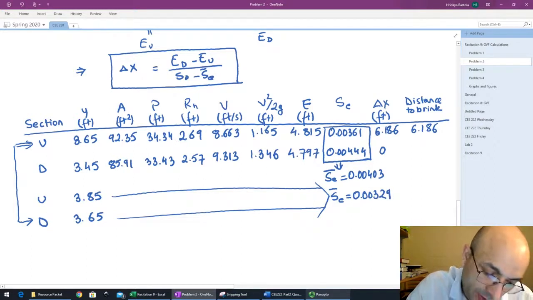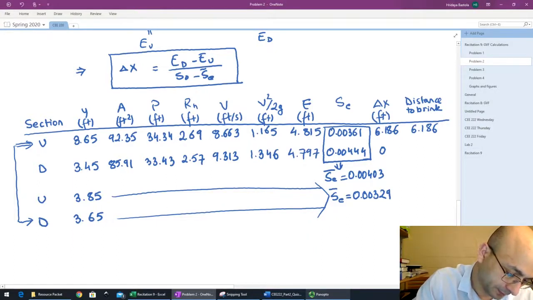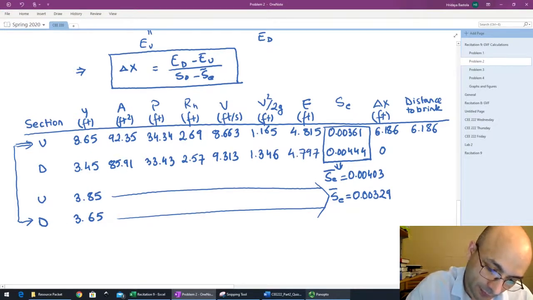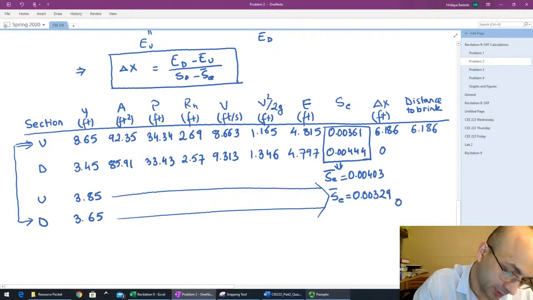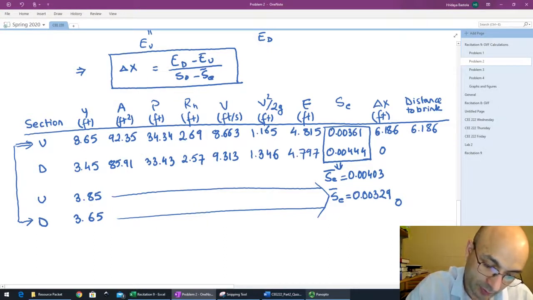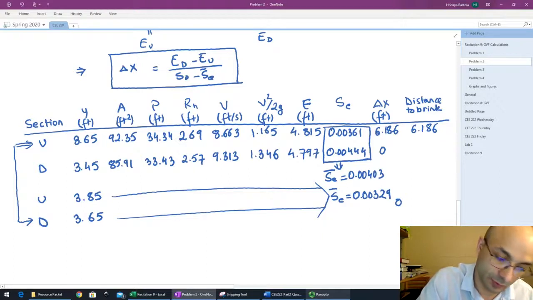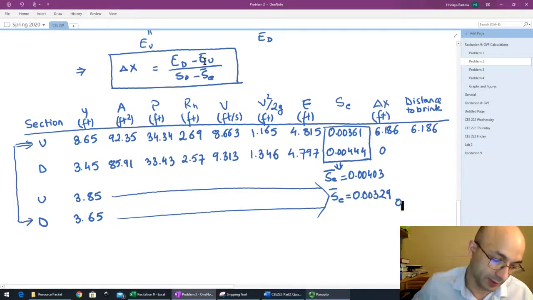And from that we can calculate delta X. So from the downstream location to itself is 0, but the upstream section is going to be equal to this SE average value. Actually, yeah, we just go back to using this equation here and get our delta x for that.